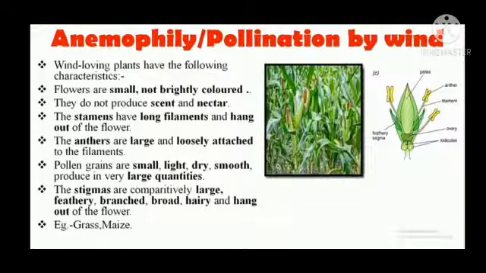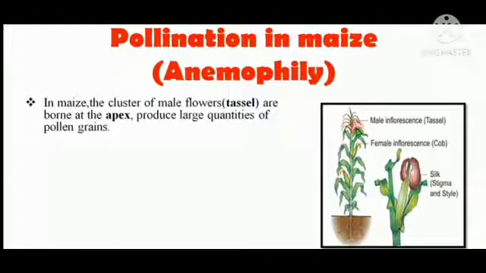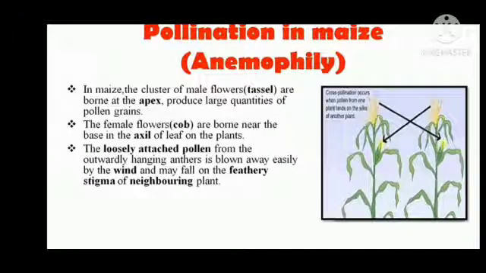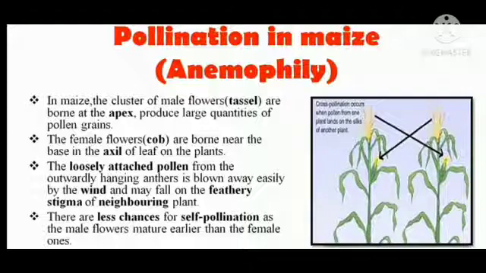Now let's discuss wind pollination in maize. In maize, the clusters of male flowers, called tassel, are borne at the apex and produce large quantities of pollen grains. And the female flowers, called cob, are borne near the base in the axil of the leaf on the plant.